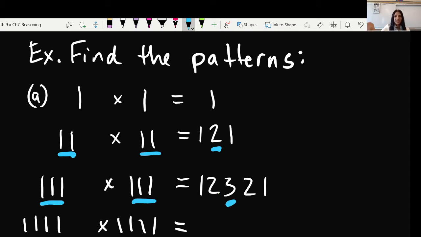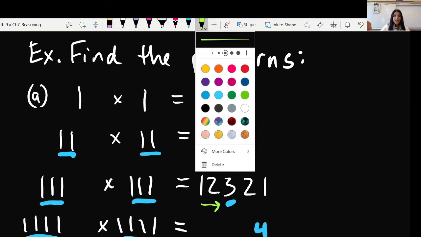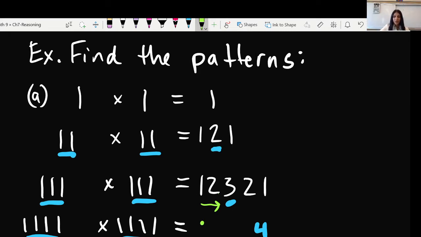So based on that, we would probably predict that we would have 4 1s times 4 1s, so there's probably a 4 in the middle. And then going back to that other pattern, here it goes 1, 2, 3, so chances are that this is going to go 1, 2, 3, 4.